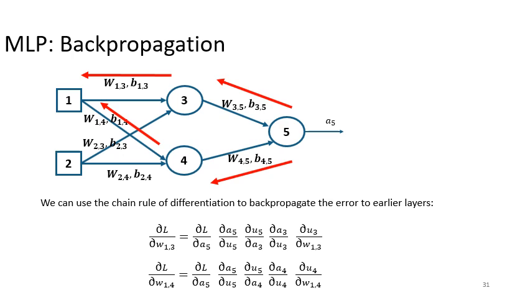It's a chain that we have in the path until we have the derivatives of the U3 according to the weight 1,3.